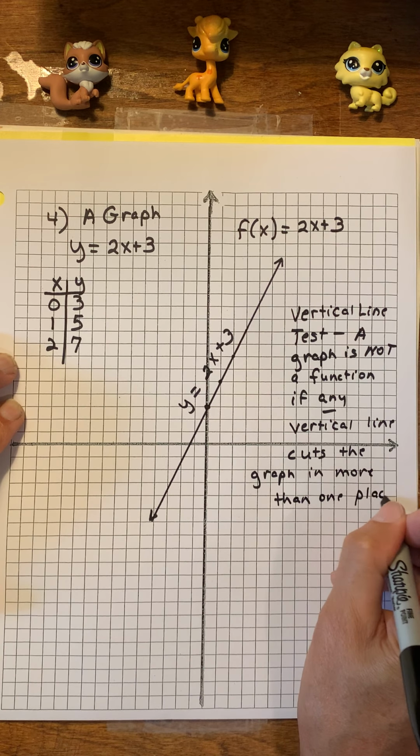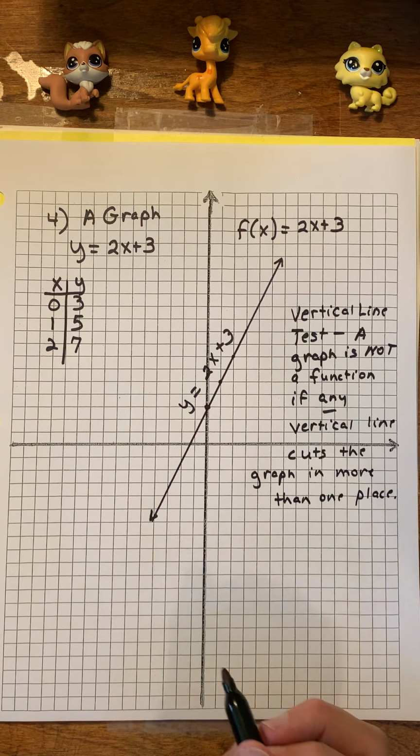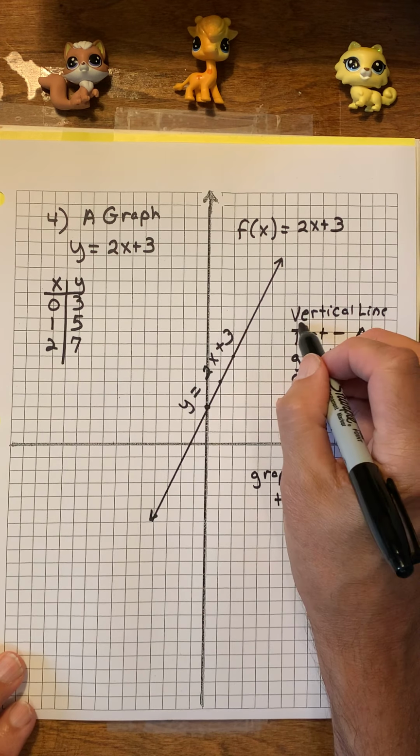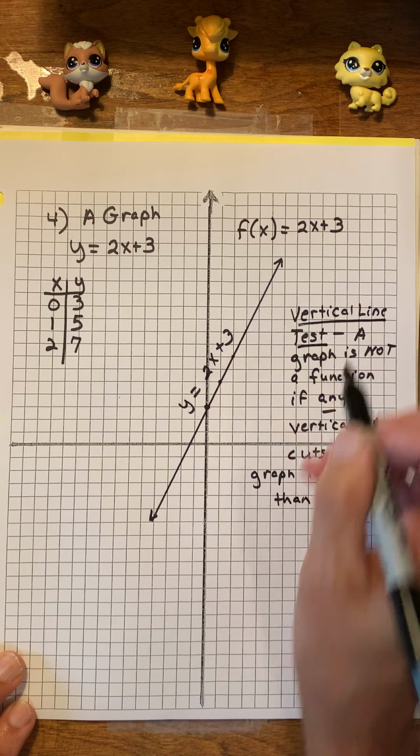Again, all these notes will be posted on your Quickly content, so you don't need to copy this stuff down. But there's a vertical line test.